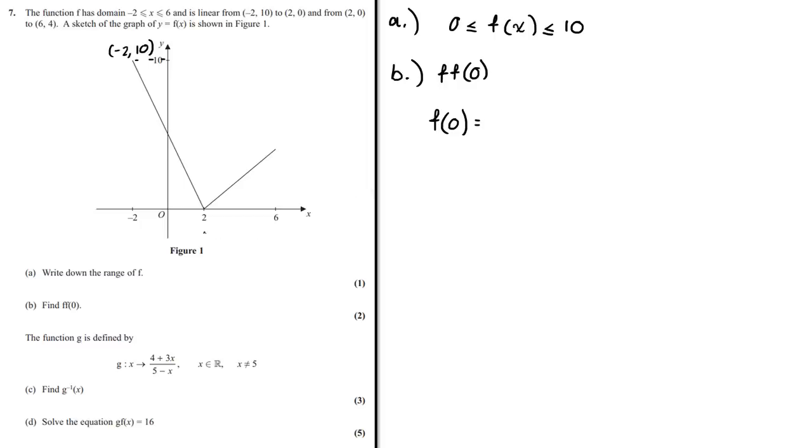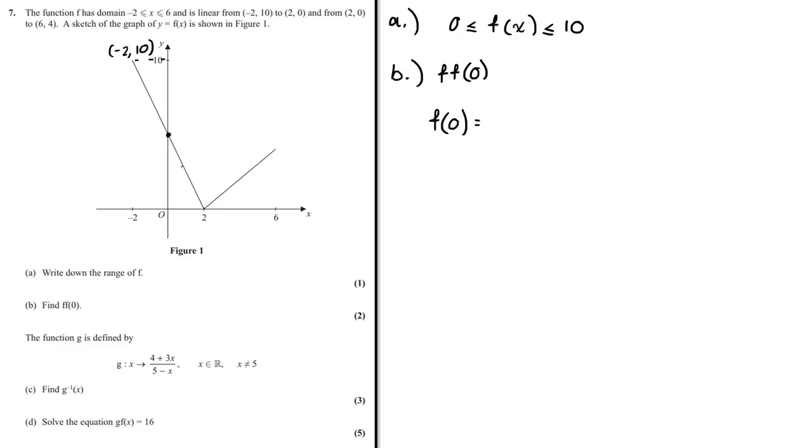Well, if we look at the graph here, f of 0 is this point here. But we don't know whereabouts on the y-axis this specifically is. It doesn't state it anywhere. So we need to figure out what the value of this point is. There's two ways of doing this. We can either use the symmetry over this interval from -2 to 2, or you can just find the gradient of this straight line here.